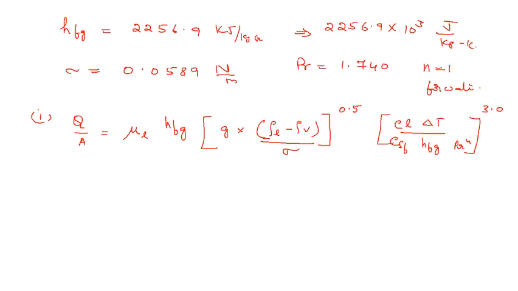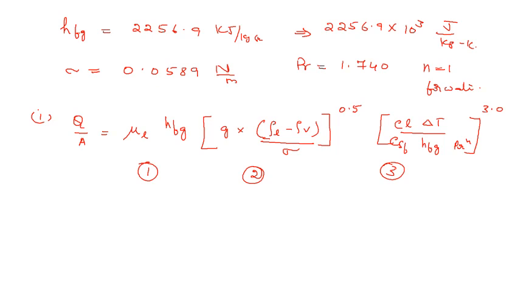My suggestion to the student is to consider this as the first term, this as the second term, and this as the third term. Find out the values separately and multiply later on. So in the exam, you can recheck your answer. If you have made a mistake in any part, it is easy to correct. Otherwise, it will not be traceable to find out what fault you have made.